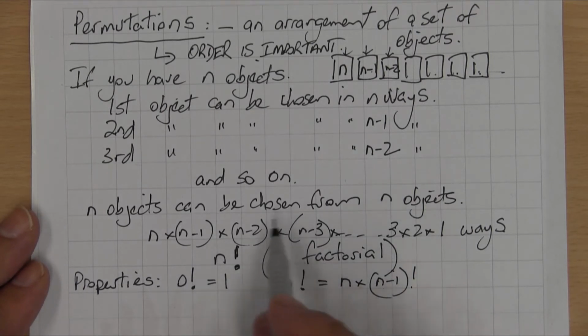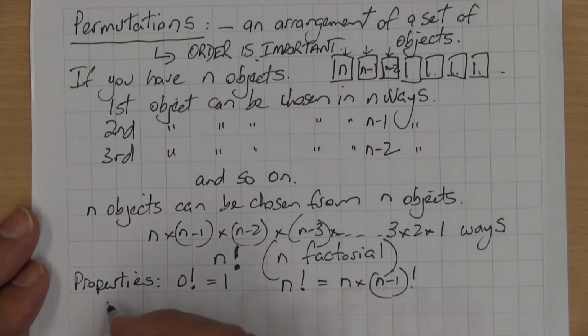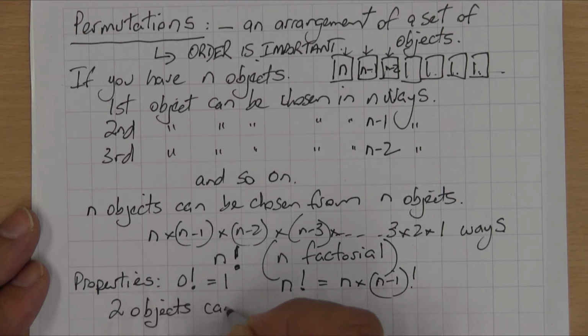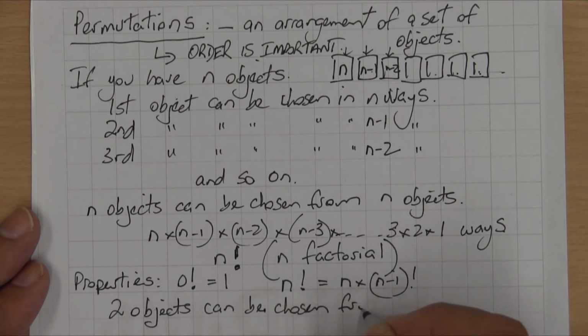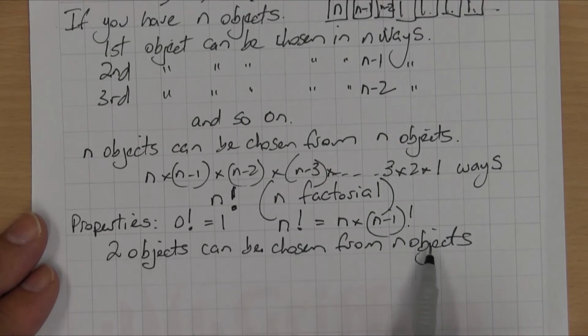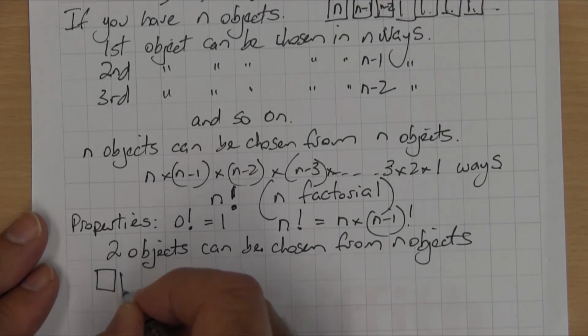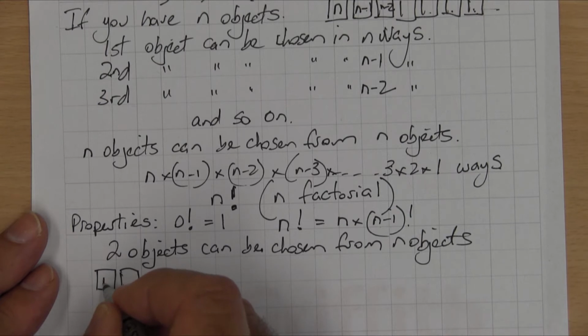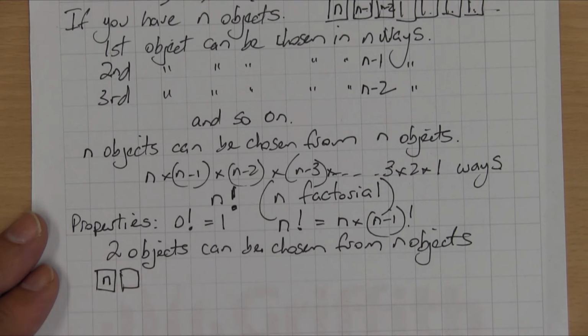So this is the way of choosing n objects. So 2 objects can be chosen from n objects. How many ways can we get 2 objects from n? Well, we've got 2 boxes. We're going to choose the first one n and the second one n minus 1.